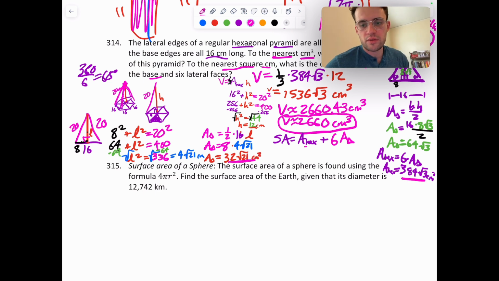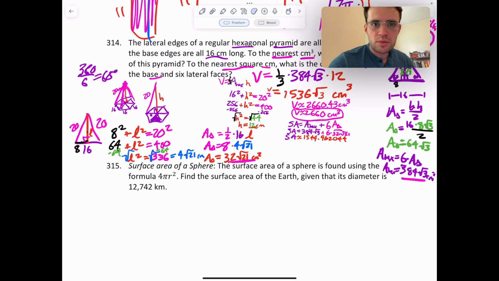Plug this in for our area of the triangle, and then we'll solve our surface area. Our surface area is equal to 384 root 3 centimeters squared plus 6 times 32 root 21. I'm not even going to solve it in simplest radical form because it would be a little bit ugly, but we've got 384 root 3 plus 6 times 32 times the square root of 21, which is about equal to 1,544.962044.